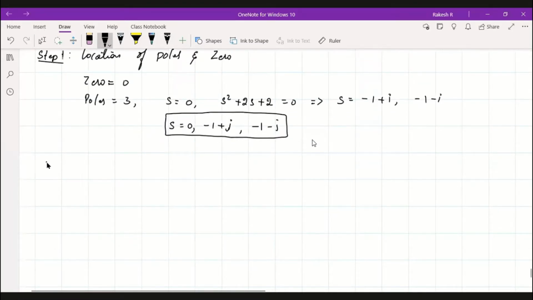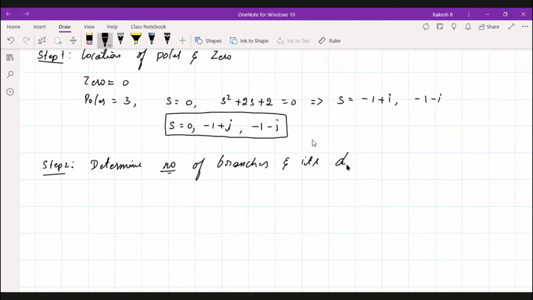What is the next step? Step 2 is to determine the number of branches and its direction. To find the number of branches, what will be the number of branches?